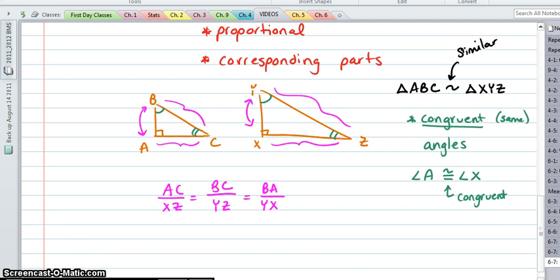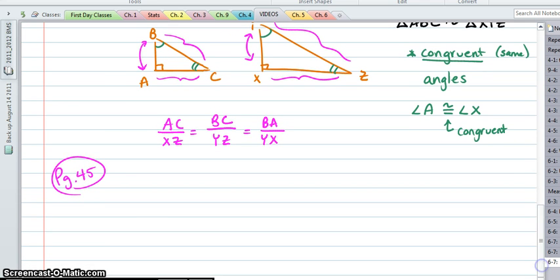So let's go ahead and take a look at page 45. Please go ahead and get that out. And let's see how these proportions can help us solve for missing sides. So with number 1, we'll take a look at some more triangles. Just as a note, you don't have to have triangles.